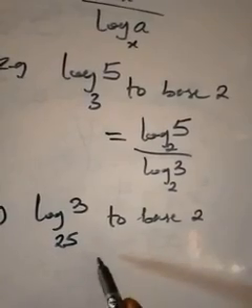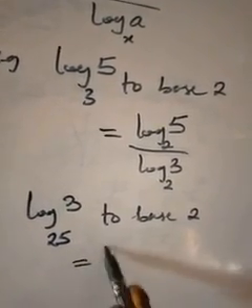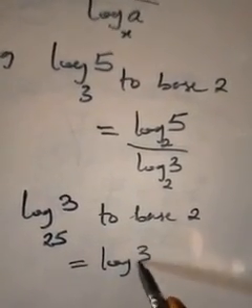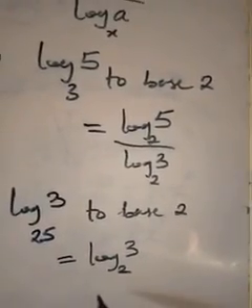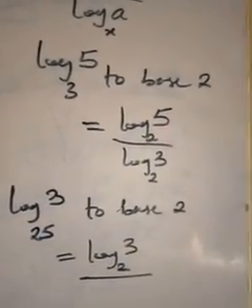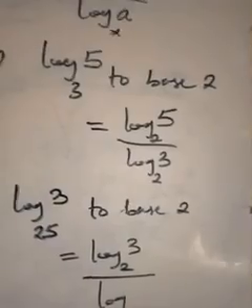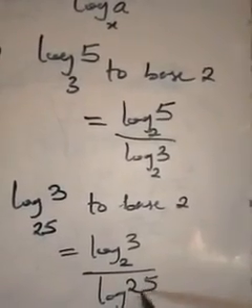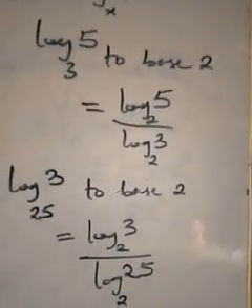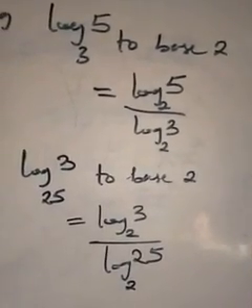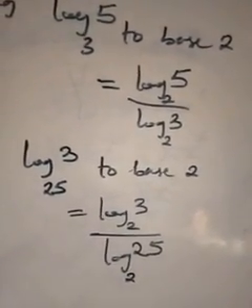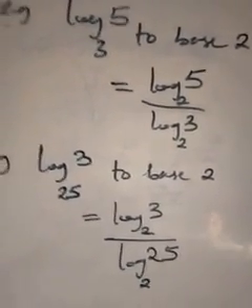Just looking at this, we say log 3 base 2 divided by log 25 base 2. This is how we do this one. Then any simplification for that, we can continue from there.